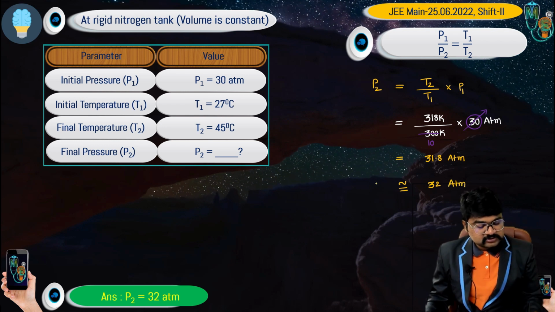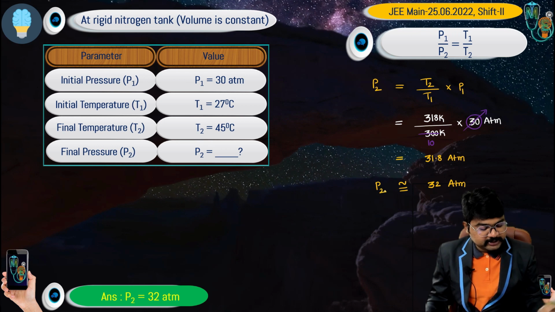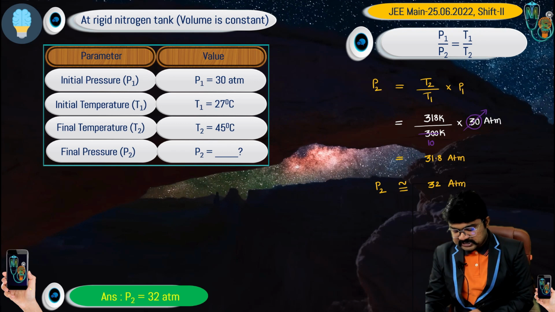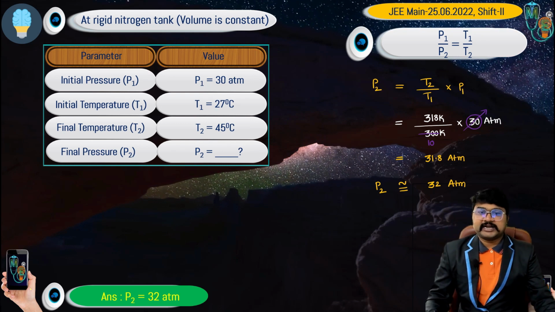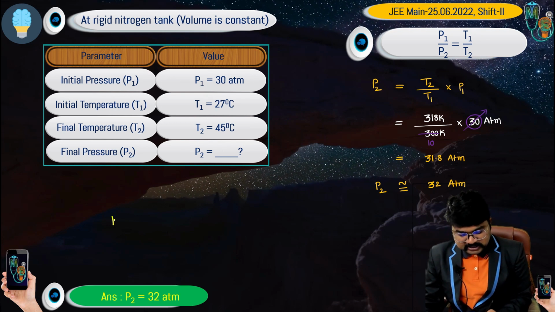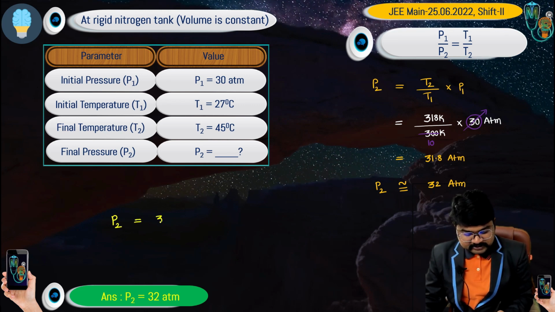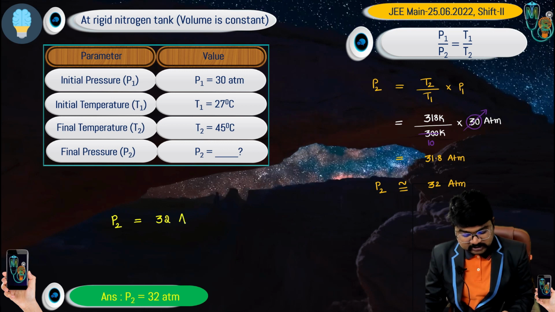So this is the pressure P2. They are asking pressure at 3 p.m. Pressure at 3 p.m. is 32 atmosphere. Final answer to this question, P2 equals to 32 atmosphere.